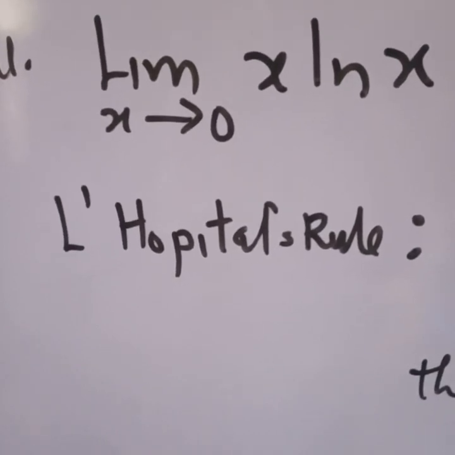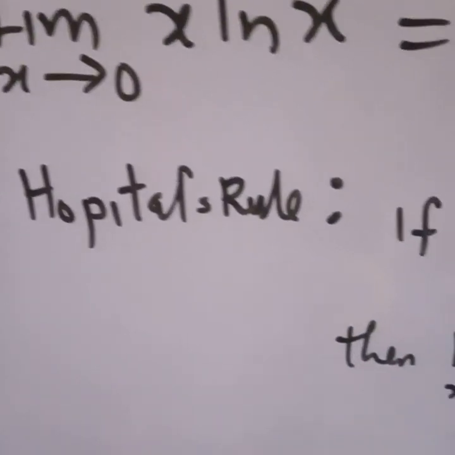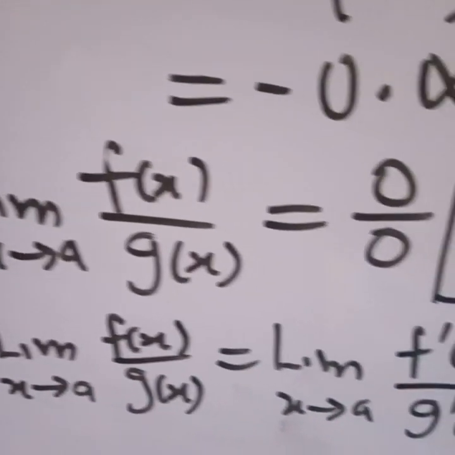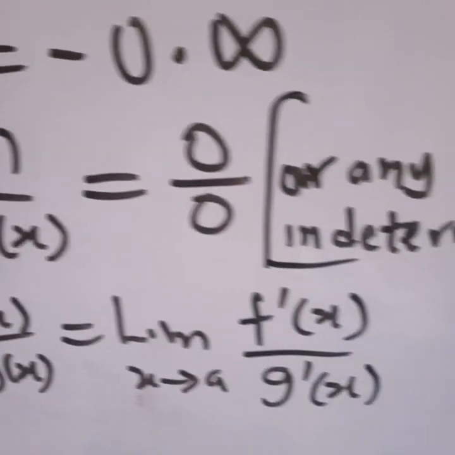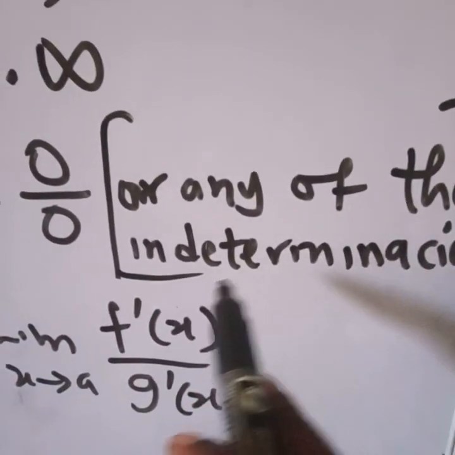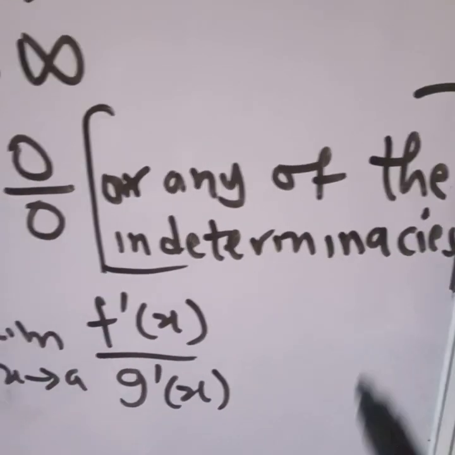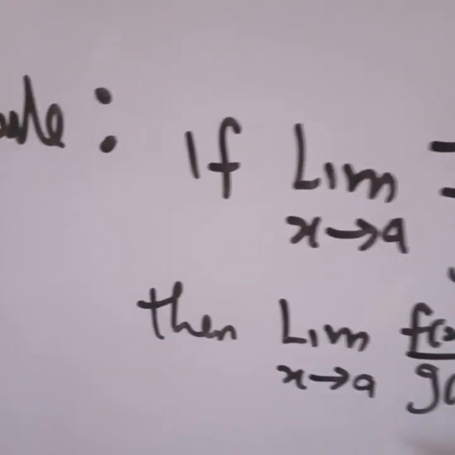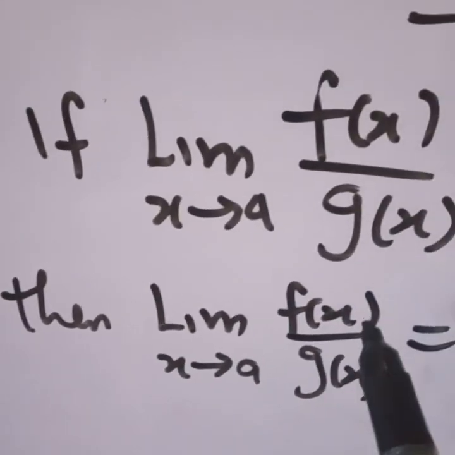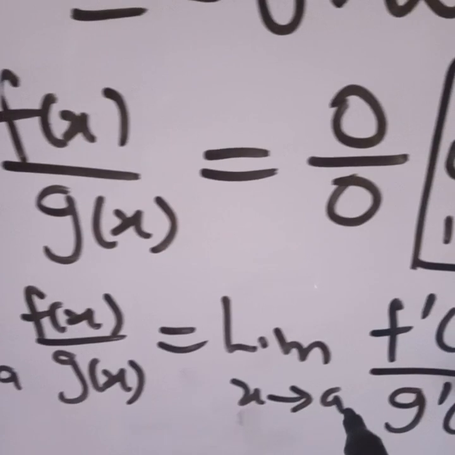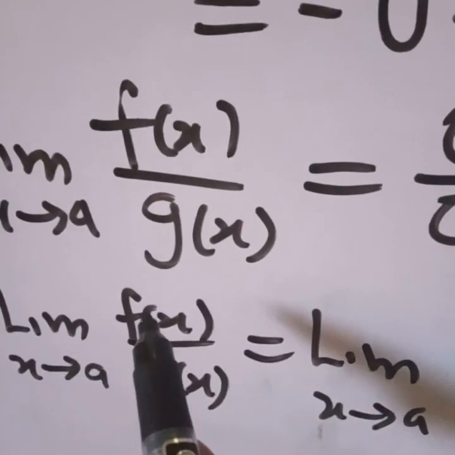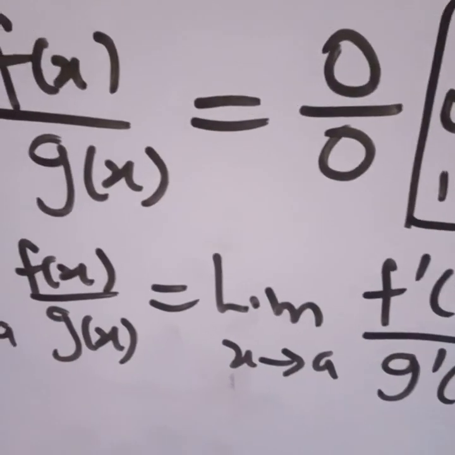L'Hopital's rule says if you have a limit of a rational function equal to 0 over 0, or any of the indeterminacies, then the limit of that rational function is the same thing as the limit of the slope of the numerator over the slope of the denominator.